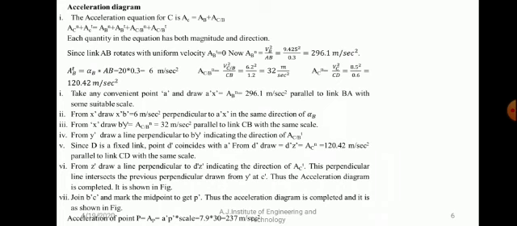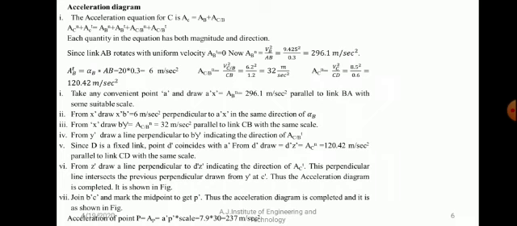Now, ATB is equal to zero, since AB rotates with uniform velocity.